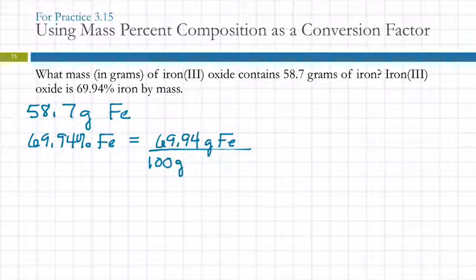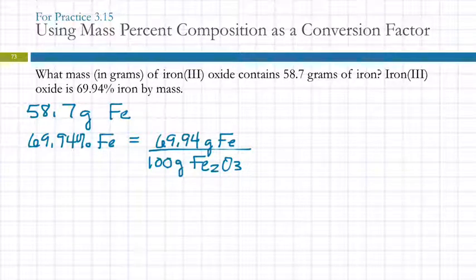It's iron oxide, not just iron, right? It's iron 3 oxide. So this is 69.94% iron for every 100 grams of iron oxide. So down here, we don't just put iron, we put iron 3 oxide. So that formula would be Fe2O3. Would you have to know that for this problem? No, you wouldn't. You could write compound there.